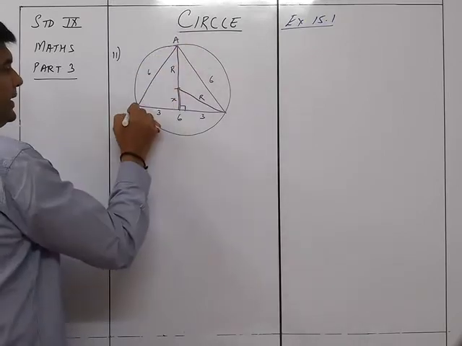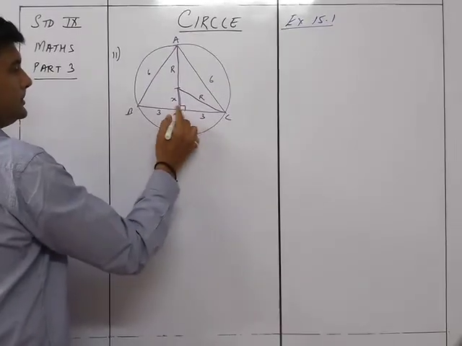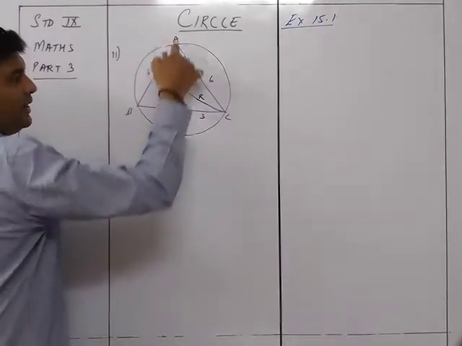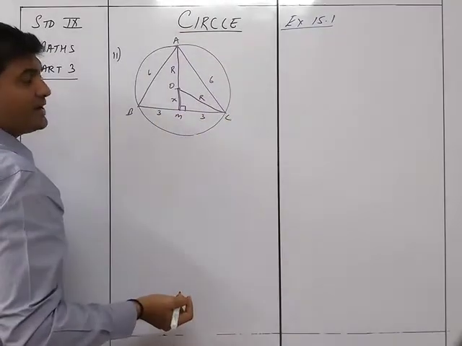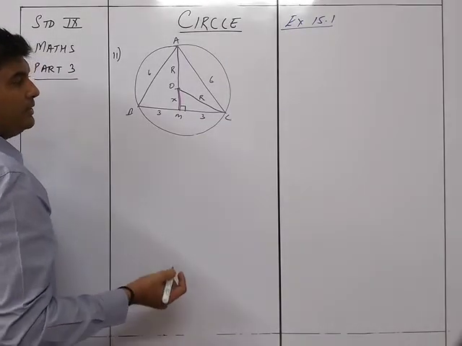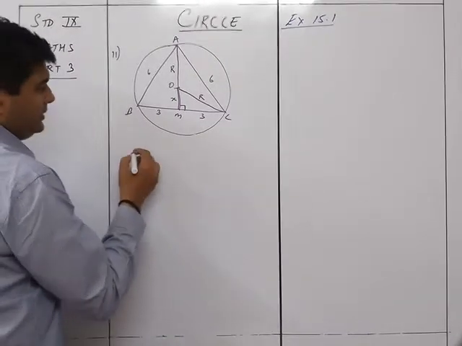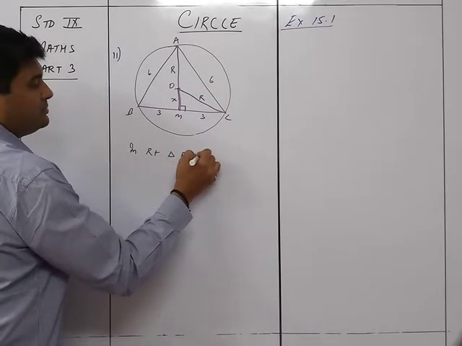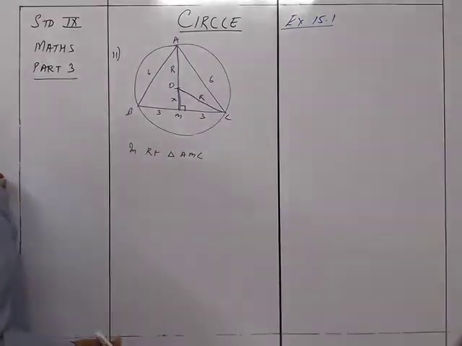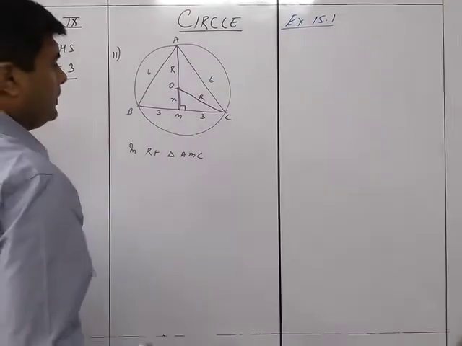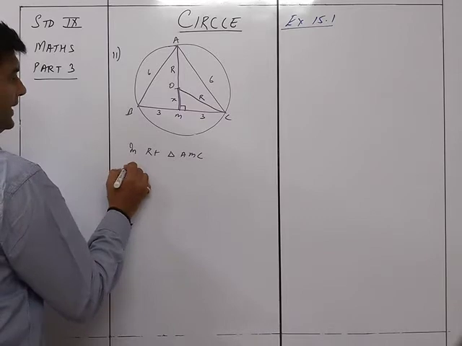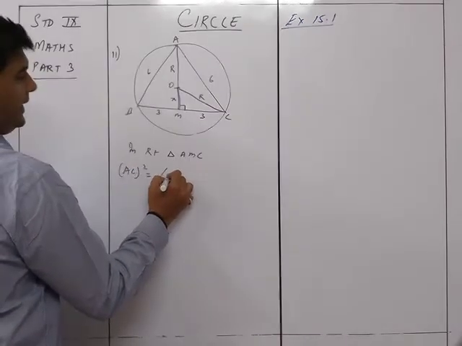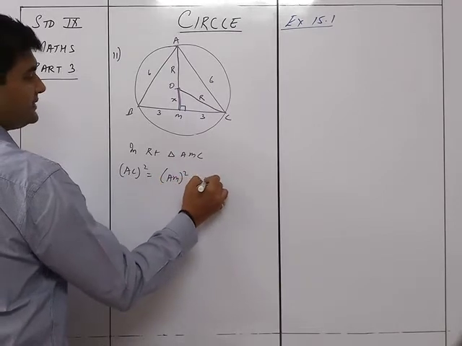Triangle AMC is also a right angle triangle. So in right triangle AMC, we know that AC square is equal to AM square plus MC square.